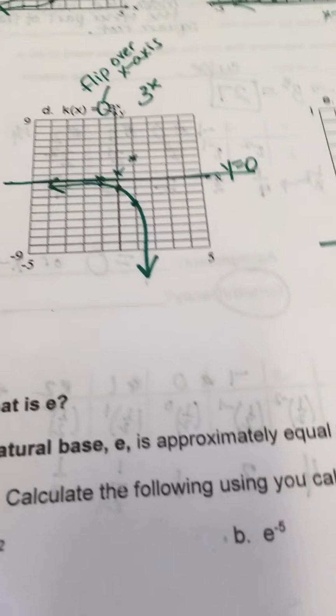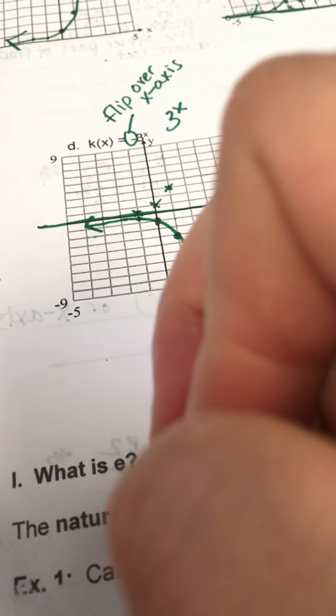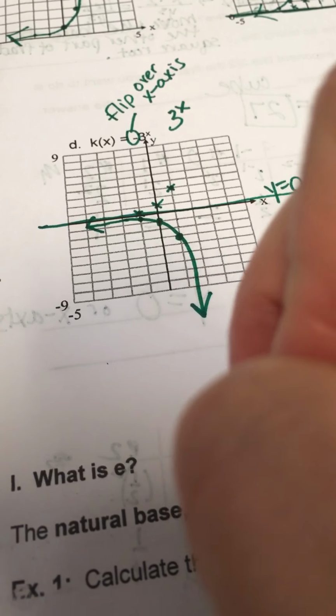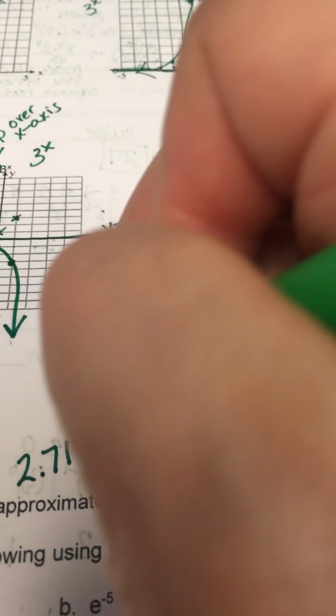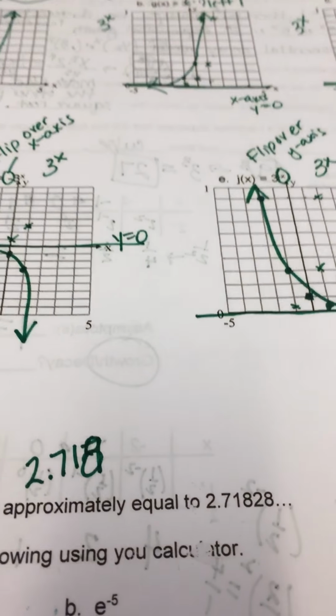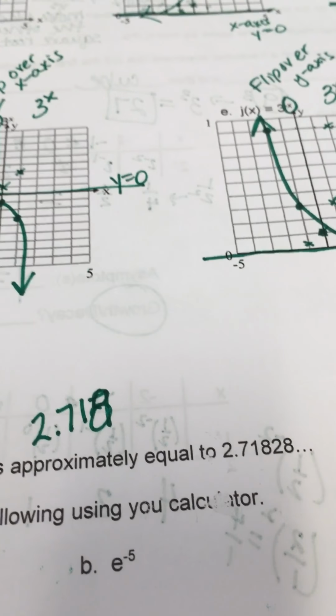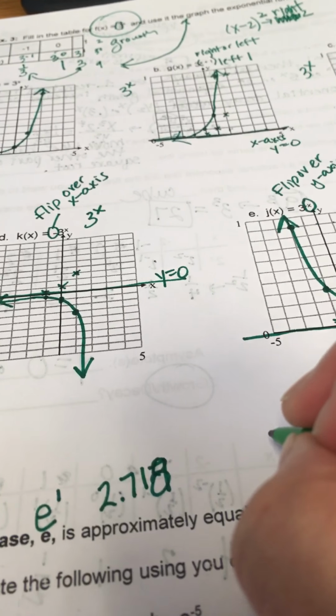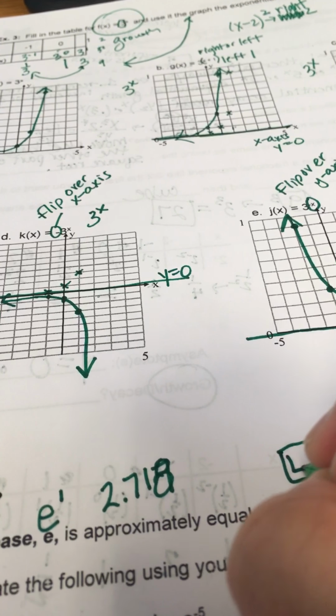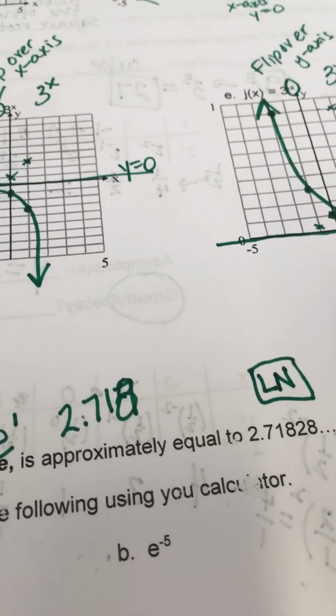Alright, the next thing we're going to do is talk about natural log. Base e, so base e to the first power is like 2.718. It is a way to work with some exponential functions. You need to find on your calculator where the ln button is. That's the natural log.